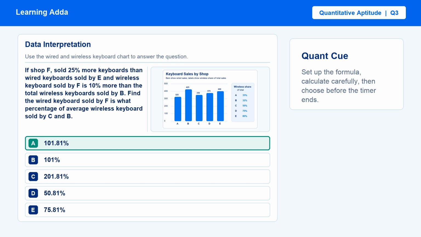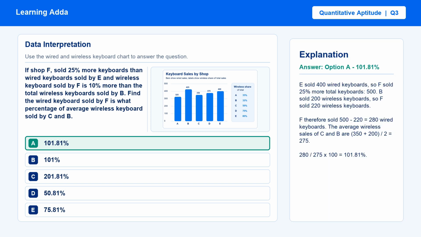The answer is option A, 101.81%. E sold 400 wired keyboards, so F sold 25% more, a total of 500 keyboards. B sold 200 wireless keyboards, so F sold 220 wireless keyboards. F therefore sold 500 minus 220 equals 280 wired keyboards.